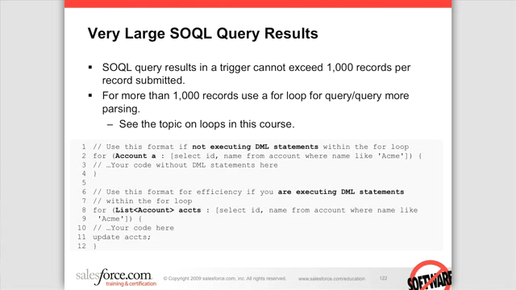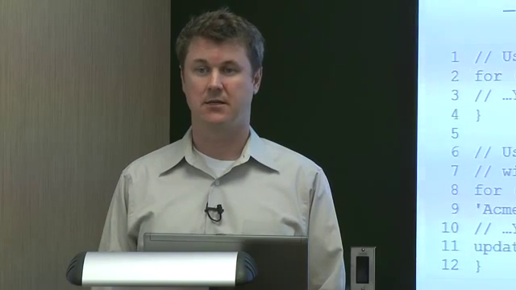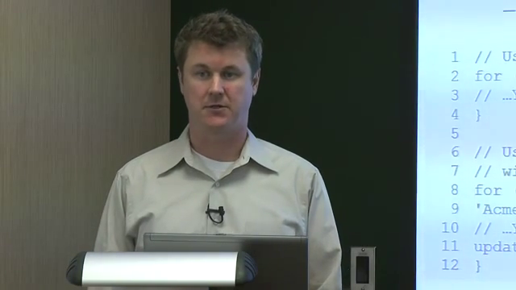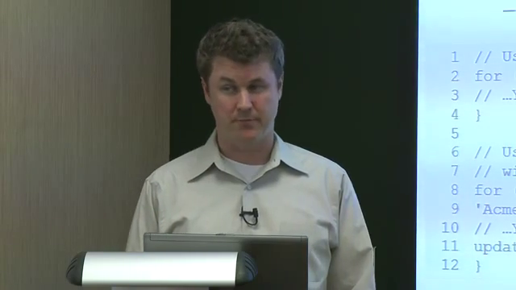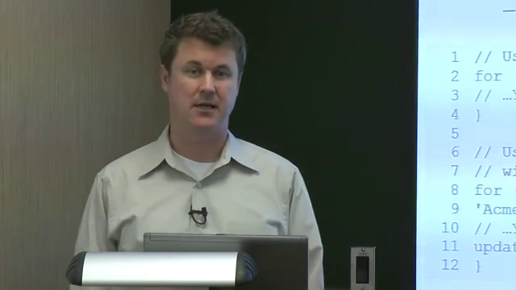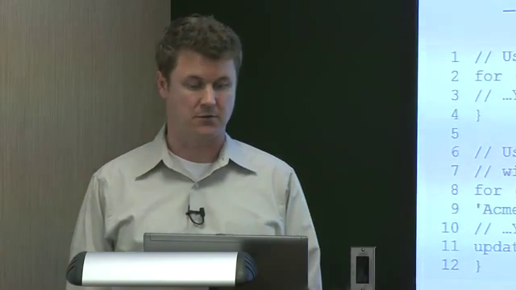Very large SOQL query results. So first off, SOQL query results in a trigger cannot exceed 1,000 records per record submitted. Now remember that we had that scalability, we would take the number of records that we could get back as a part of our SOQL query, multiplied by the input batch. So that scales according to the number of records that ultimately fired off this trigger.